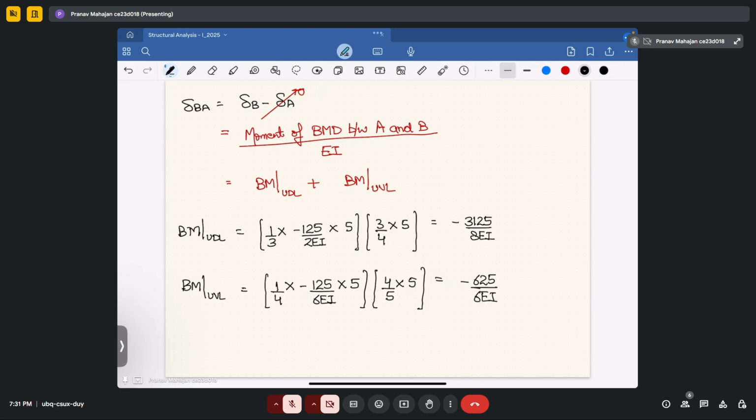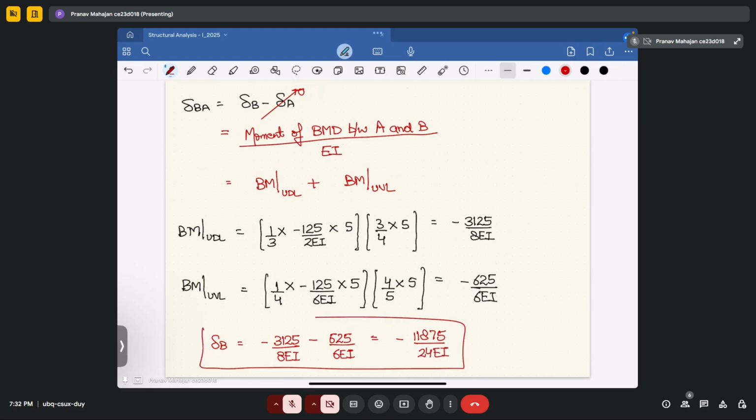If you add both area of moment of this area of bending moment diagram, then you will get the deflection at point B. So your deflection at point B will be equal to minus 3125 divided by 8 EI plus minus 625 divided by 6 EI, and that will be equal to minus 11875 divided by 24 EI.